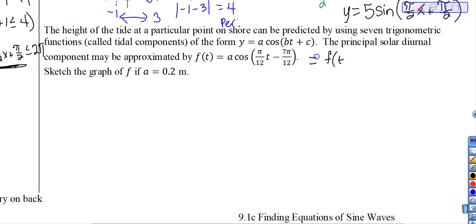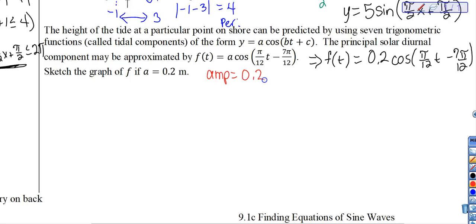F of t is equal to, plugging in our 2/10, cosine of pi over 12 t minus 7 pi over 12. And let's find our amplitude, our period, all of that good stuff. So I'll start with A. Our amplitude is 2/10. Okay, we got that. Our period.